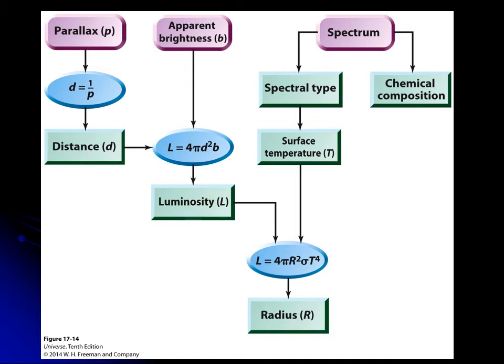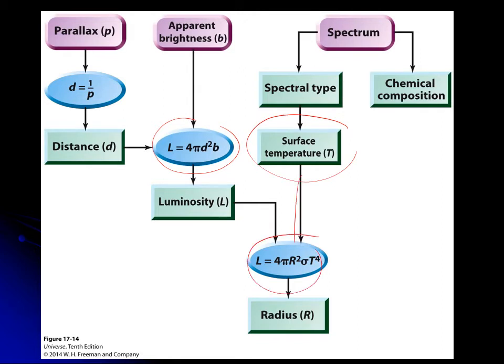And so that means parallax, 1 over p or 1 over pi, depending how you define that, gives you distance. Distance would give you absolute magnitude. Apparent magnitude plus absolute magnitude could help you figure out luminosity. Luminosity, the spectrum or the B minus V, that would give you the temperature.